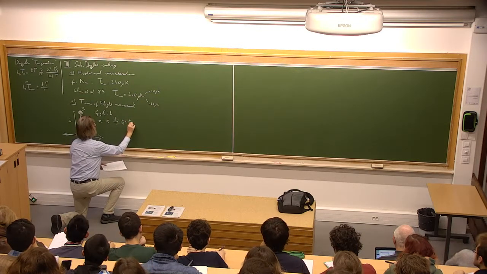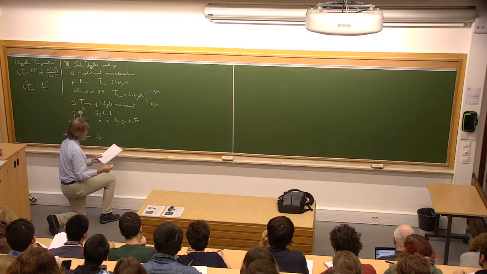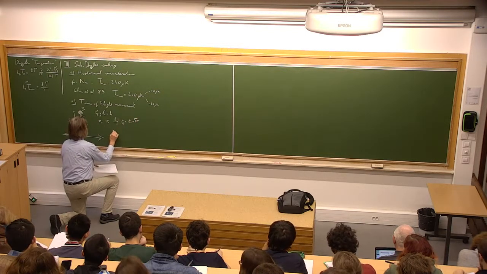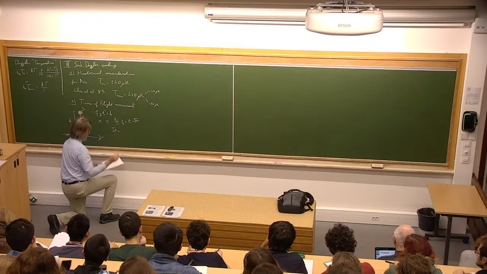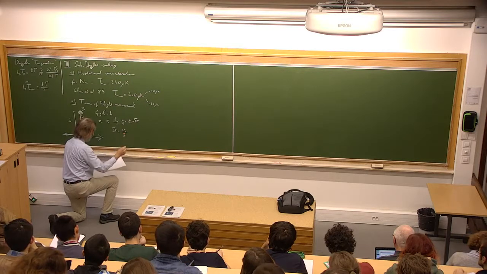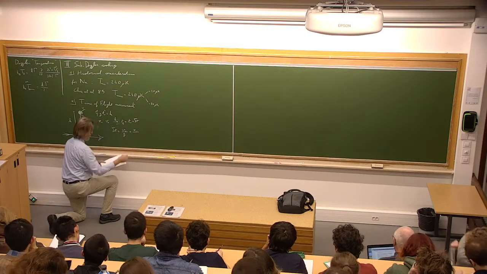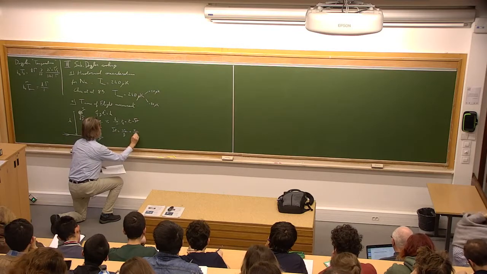In the first approximation it's a delta t, and then you compute delta t, and you find that it is V0 divided by g plus Z0 divided by g T0.